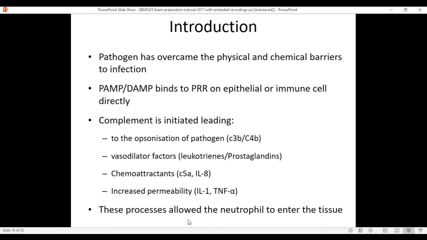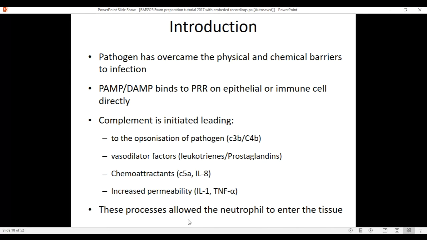That's caused release of cytokines, which has caused the initiation of complement, leading to opsonization of the pathogen and increased arrival of immune cells to the site of infection due to the increased blood flow as a consequence of leukotriene and prostaglandin release, increased chemoattraction of the right blood cell to the site of infection due to C5a and IL-8 release. And lastly, it's easier for the immune cells to arrive at the site of infection due to the fact that the blood cells have increased their permeability due to IL-1 and TNF-alpha.